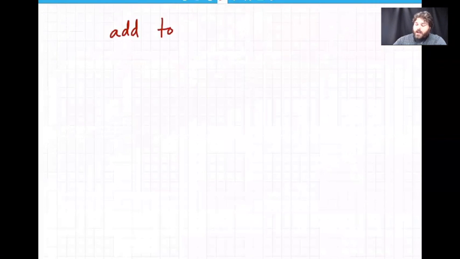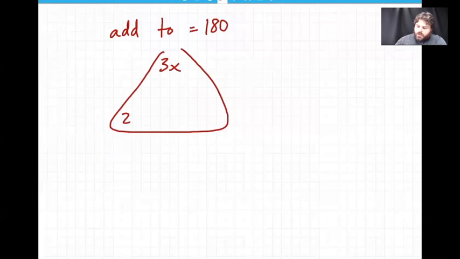Another example is that things aren't always equal, but sometimes things add to equal 180 degrees. That's very common, especially with triangles or supplementary angles. Let's say three things: there are three angles in a triangle. One angle is 3x, the other one's 2x, and the other one is 5x plus 20.